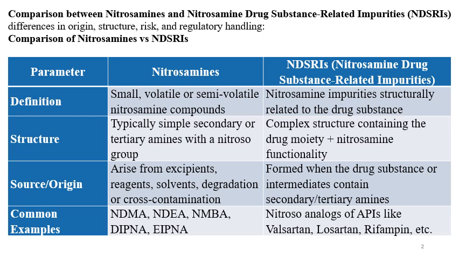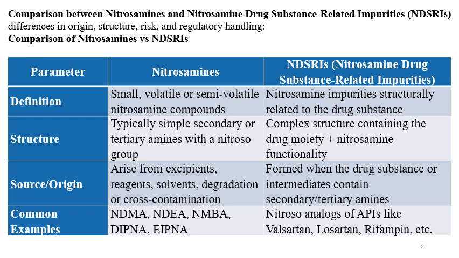As the name indicates, these are nitrosamine impurities related to the structure of the drugs. Regarding structure, nitrosamines typically have a simple secondary or tertiary amine with the nitroso group, and the NDSRI structure is complex, containing the drug moiety plus the nitrosamine functionality.